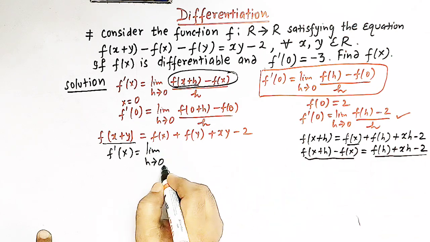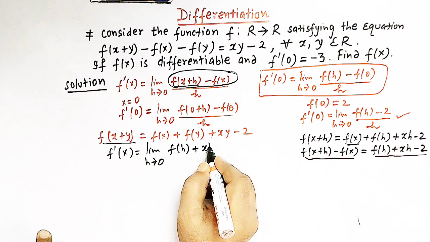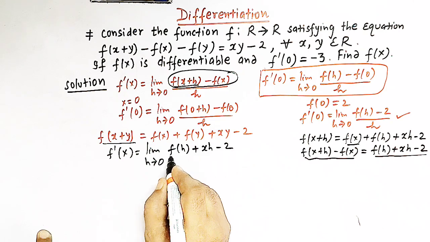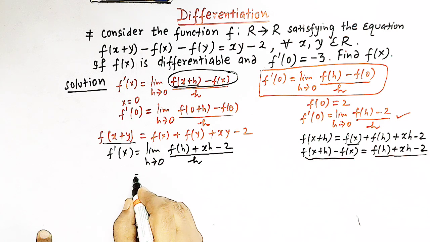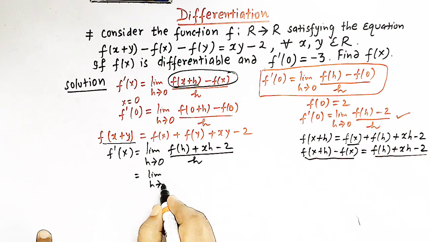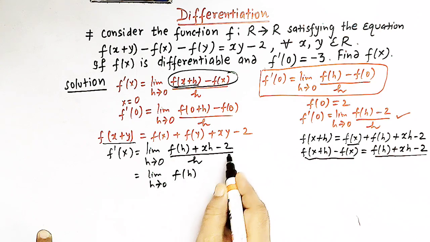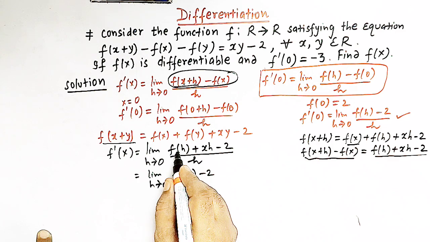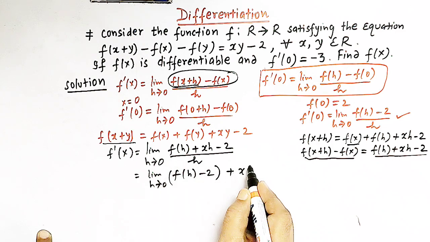So we have limit h tends to 0, f of h plus xh minus 2 divided by h, right? Okay, so now we can write here limit h tends to 0, and we can now write f of h minus 2. So we can combine these two terms, and here we have xh.